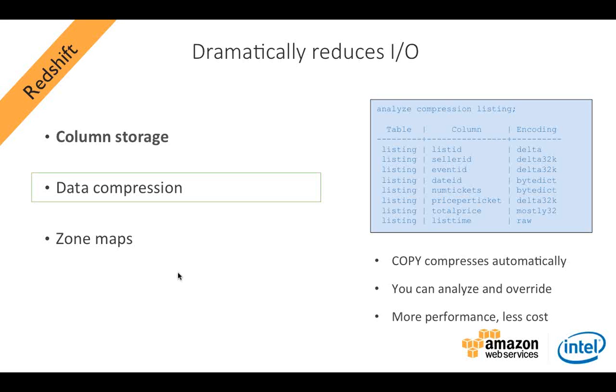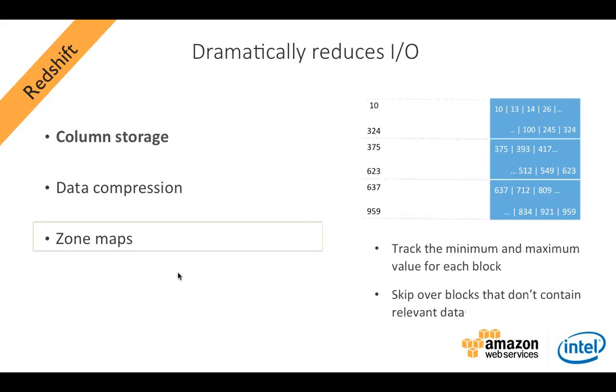One of the other facets of the way that Redshift works, and again, it is about reducing the I/O on the disk, is that we have a concept of a zone map. A zone map is something that we create internally for every table and every column. It's not something that you need to manage or create yourself.